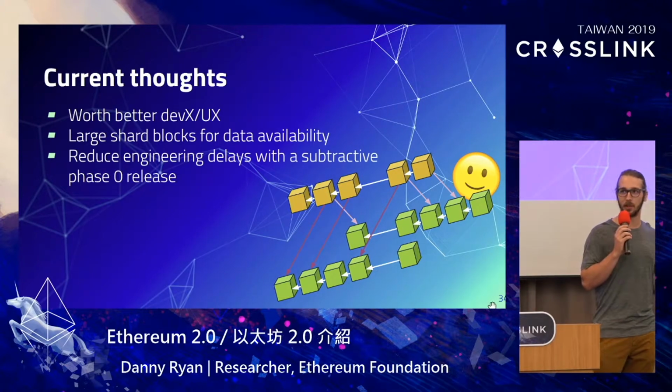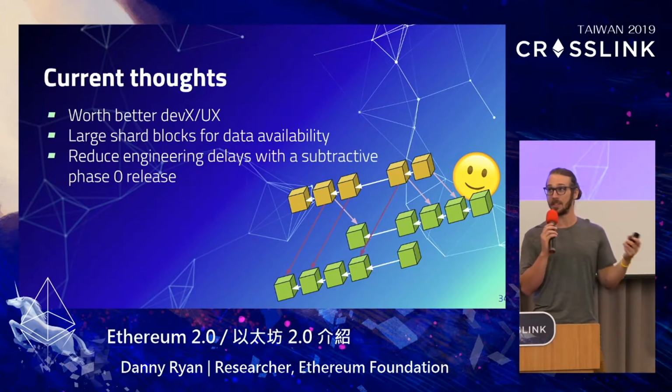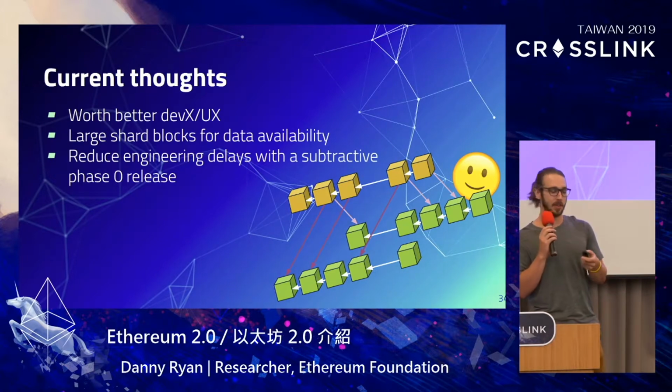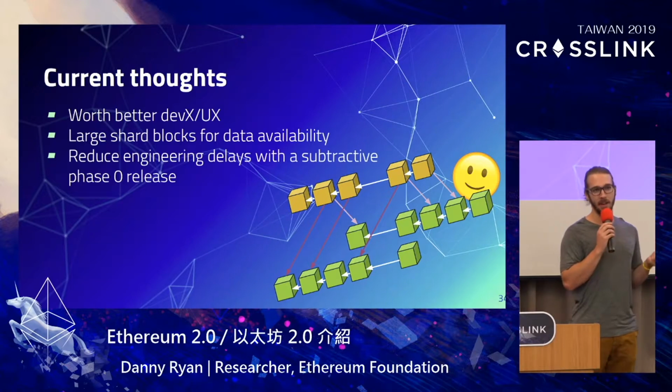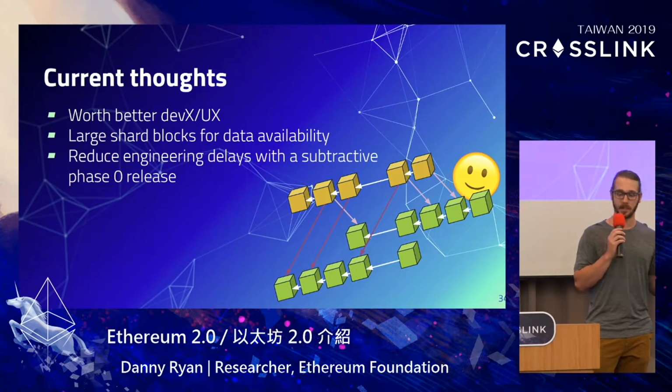So still something on the order of 1 megabyte to 3 megabytes of data availability per second. And we have a PR up for review right now that's largely just subtractive from phase 0 to ensure that we don't have engineering delays on the phase 0 release to testnets and production.